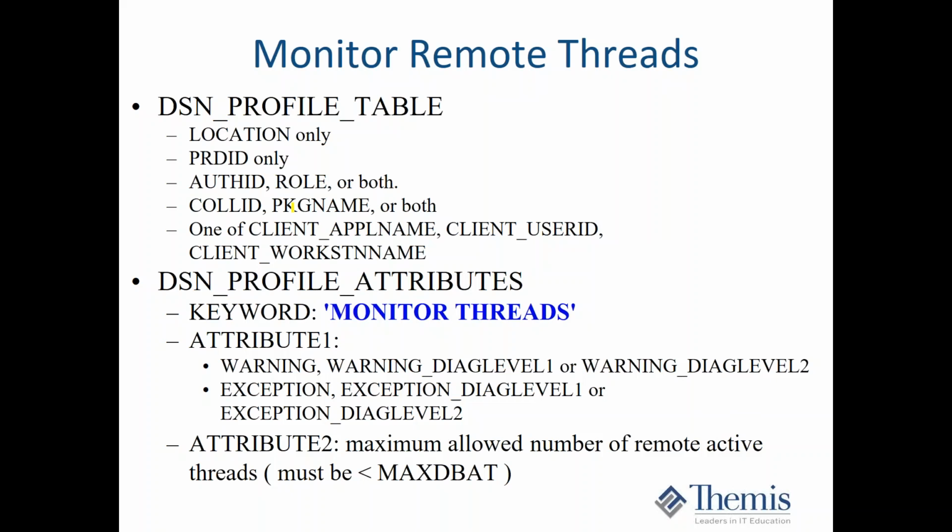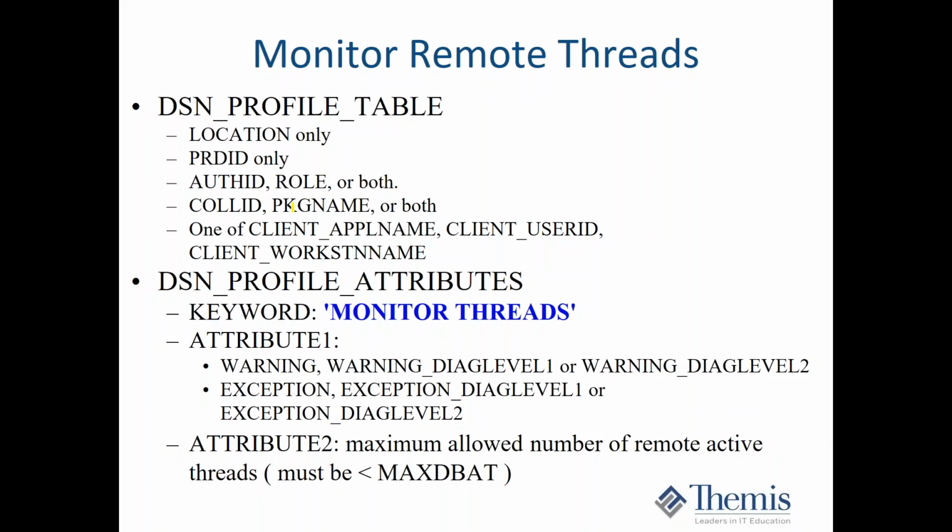So I can narrow that down, and it could be by location only or product ID. If you know the product ID, it could be a JCC product identifier. And if you're unsure, just do display locations asterisk, and it'll show you all the product IDs that are connecting into your locations.